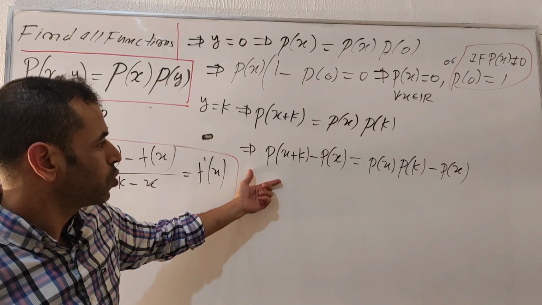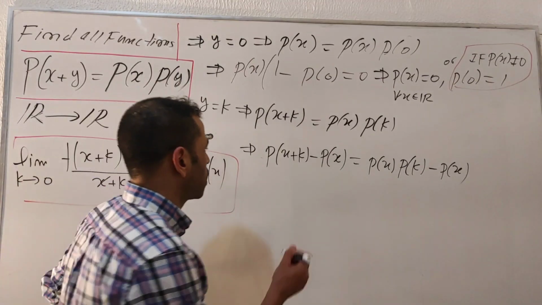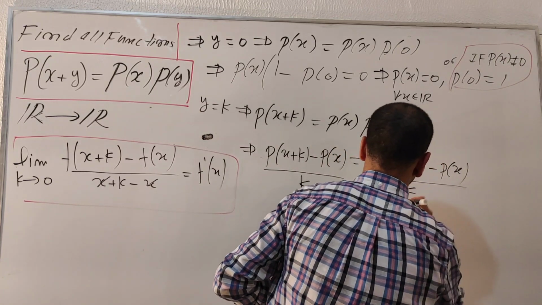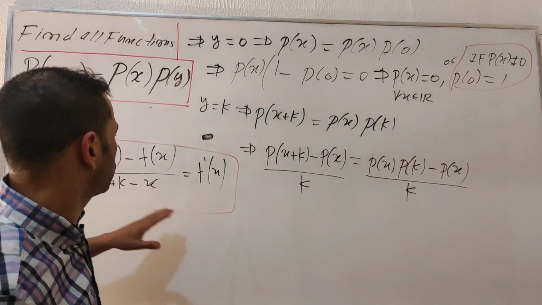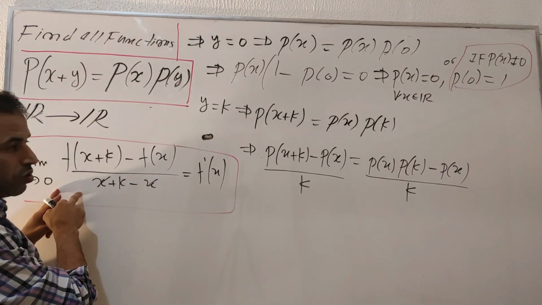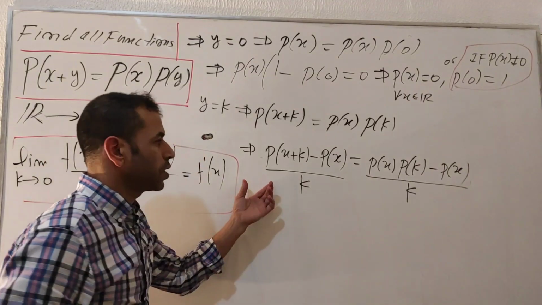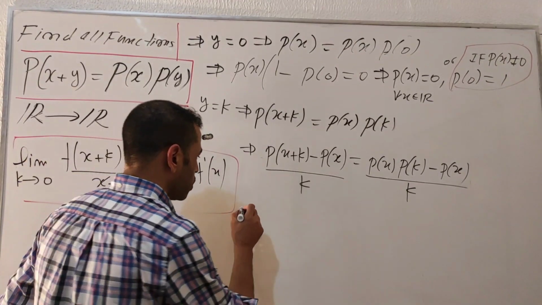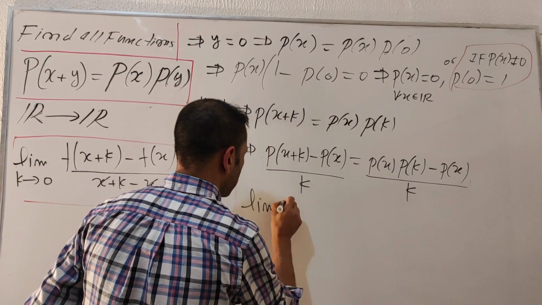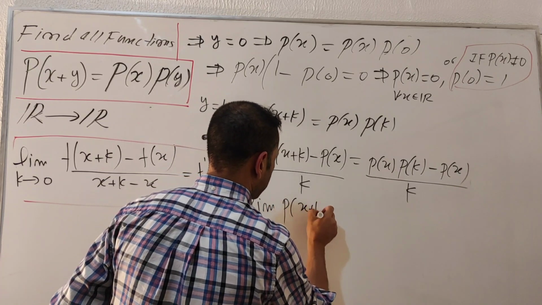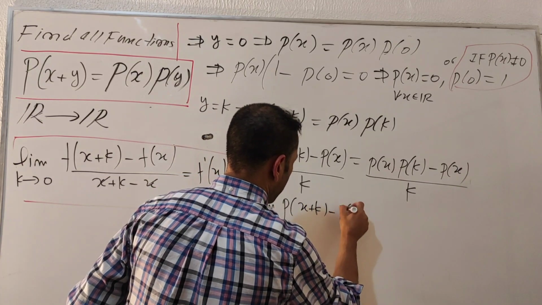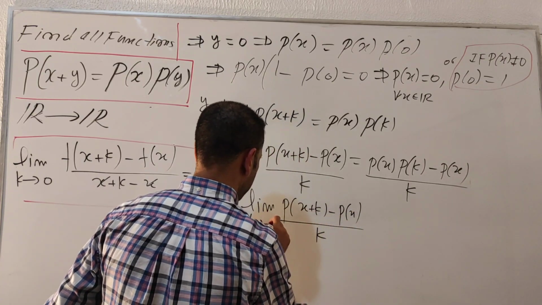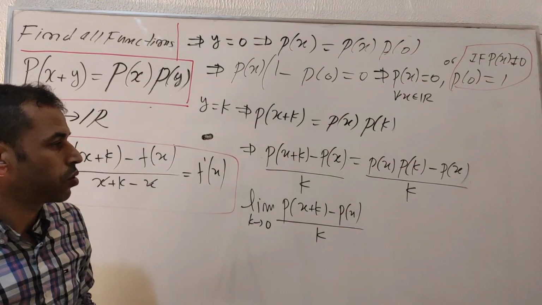Now I'm going to divide both sides by k, because now I'm almost at the expression that I have as a definition. Let's apply the limit on both sides when k is approaching 0. So we get the limit of P of x plus k minus P of x divided by k when k goes towards 0.